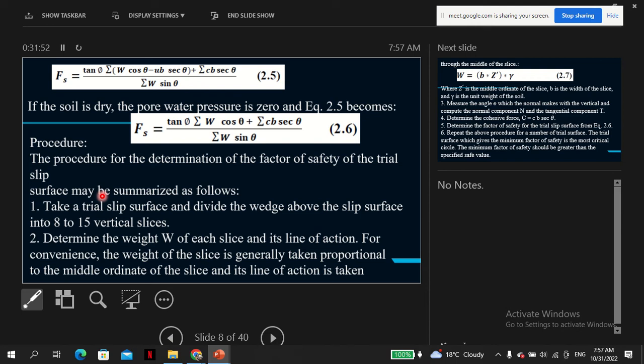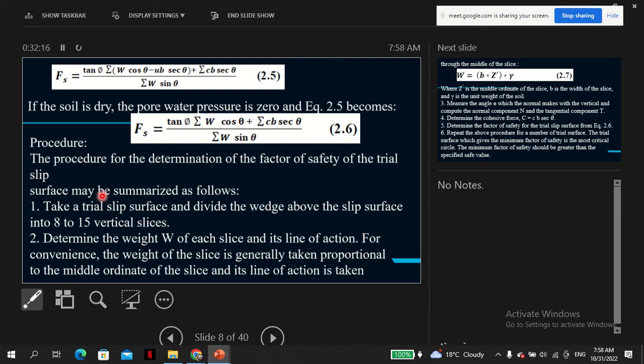The key is the smaller the width of the slice, the more accurate, but of course the more difficult your job is. Of course, you need to find some critical width. Beyond a critical width, further reducing the size will probably not bring a big difference in the factor of safety.